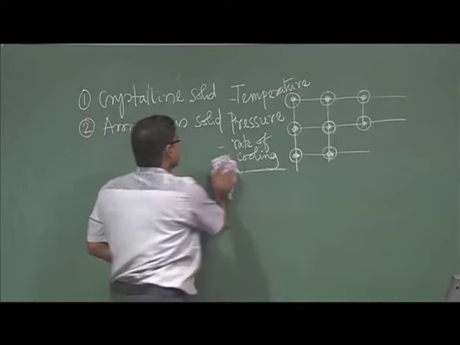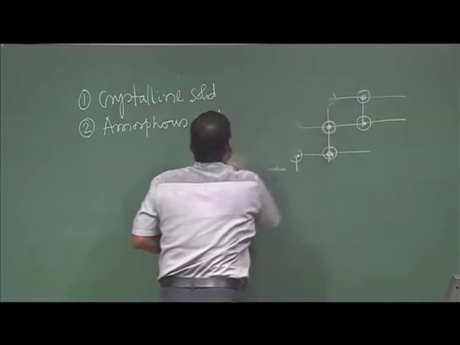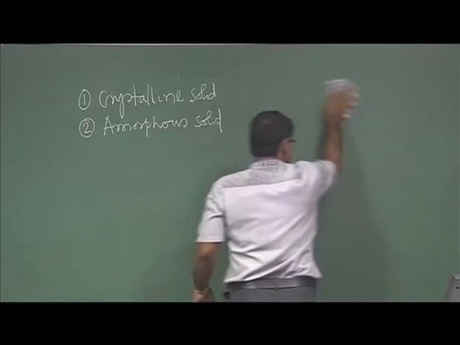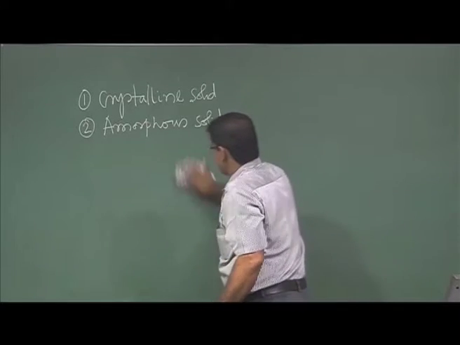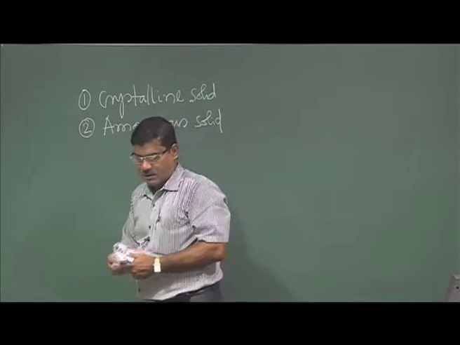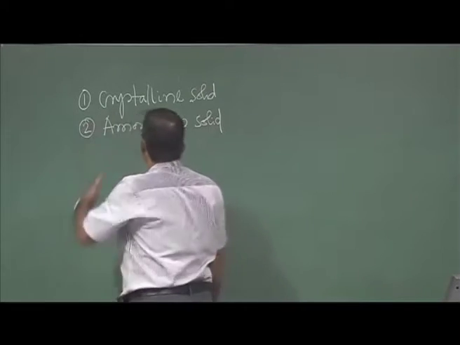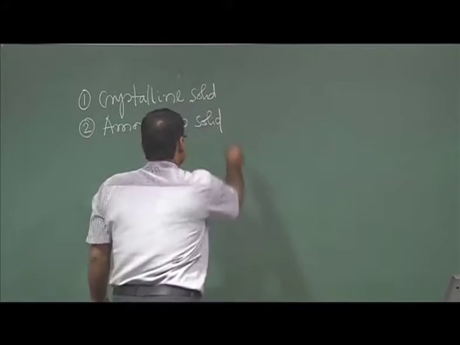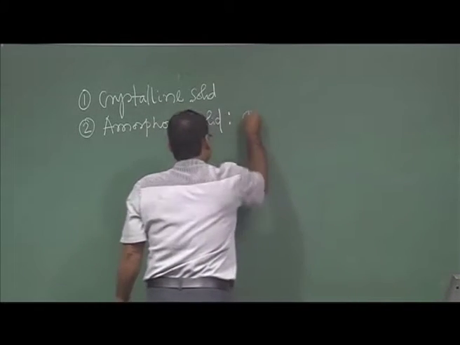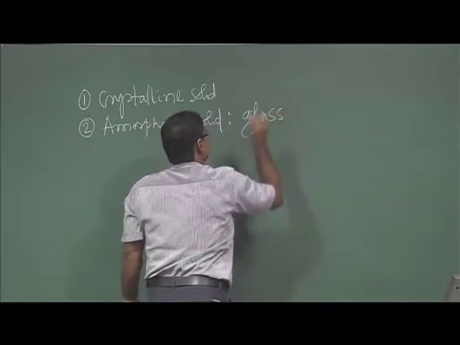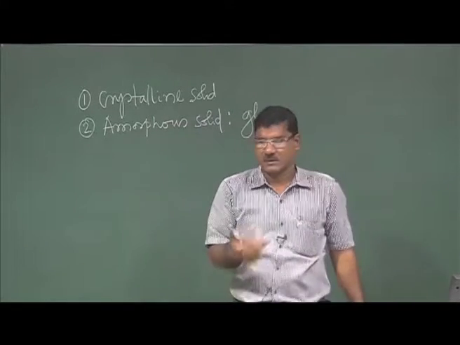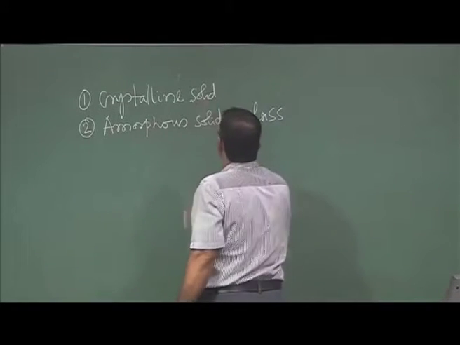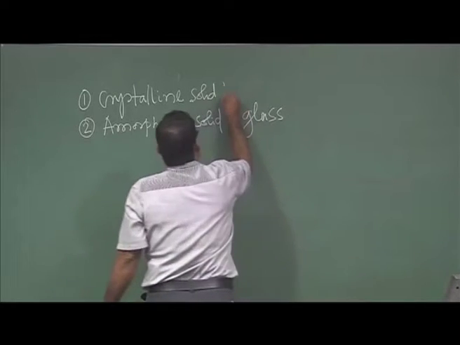In nature, most of the solids we find are under the crystalline group, but there are some materials which are amorphous, for example this glass is an amorphous solid. So, what is amorphous and what is a crystalline solid, let us define.